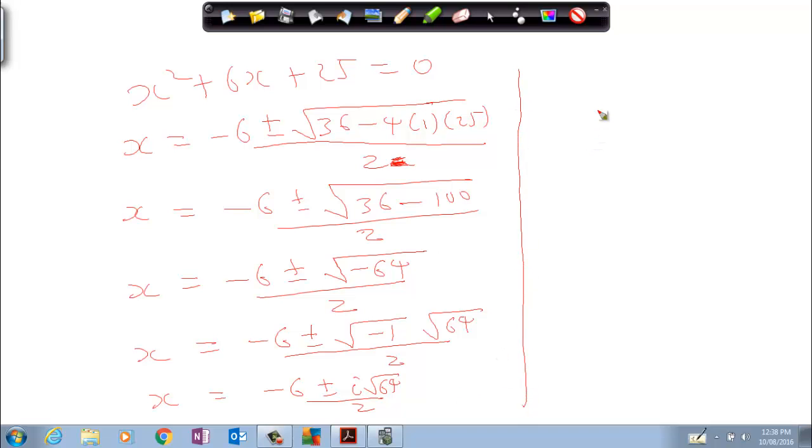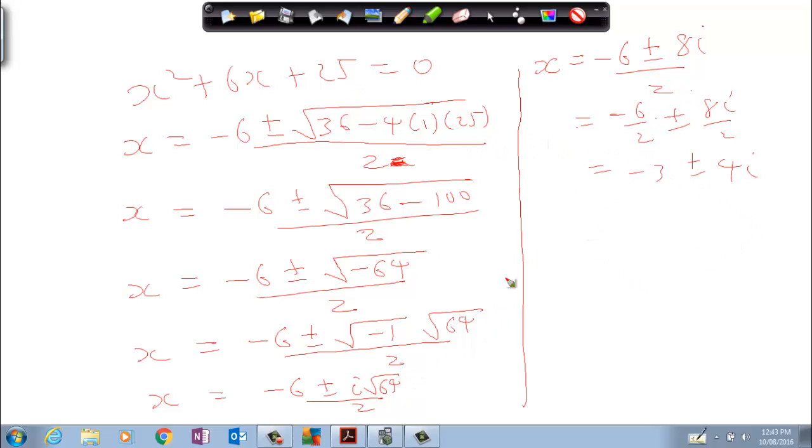Now going up to the top here, that becomes minus 6 plus or minus root 64 is 8, so we have 8i over 2, and so that's equivalent to minus 6 on 2 plus or minus 8i on 2, which is minus 3 plus or minus 4i. Okay, so we've got the two solutions in terms of i.